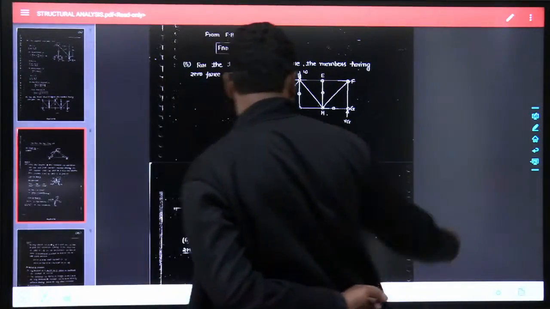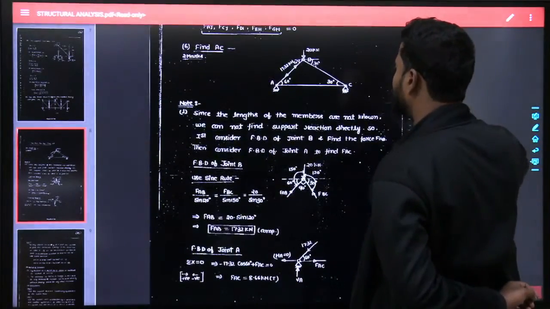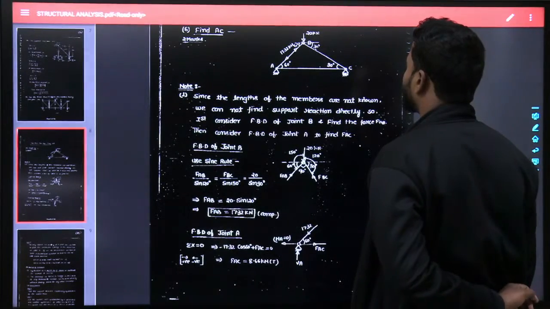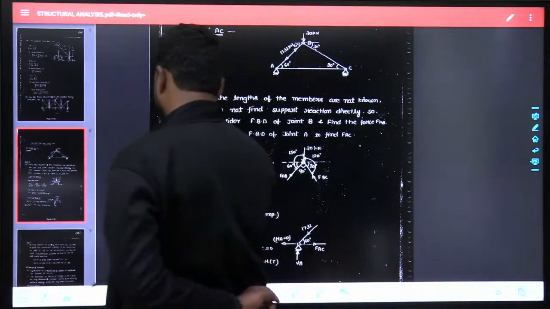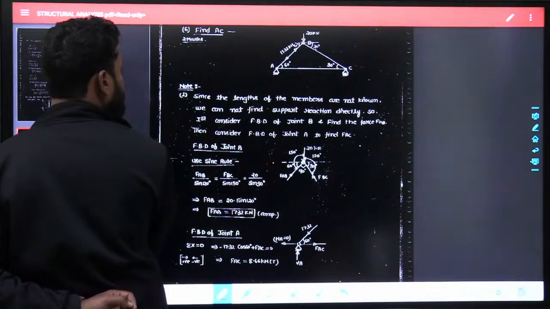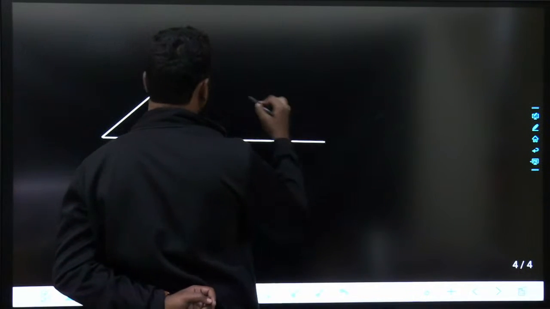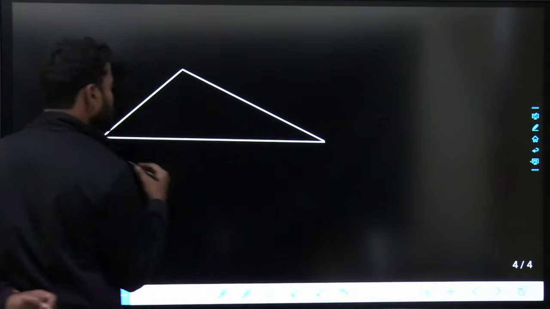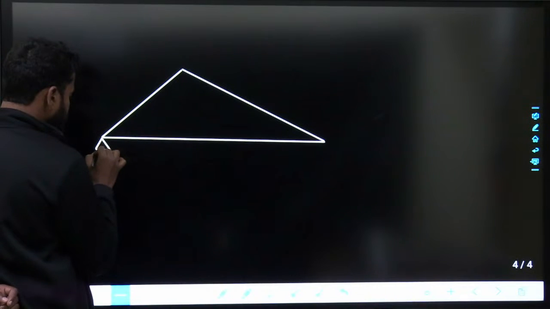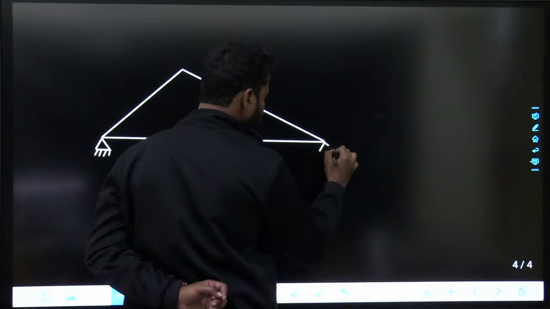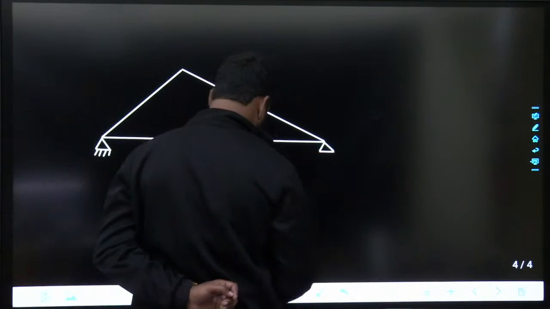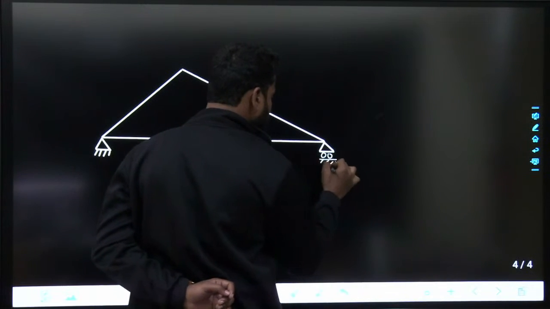If we have completed this, we are going for the next problem.